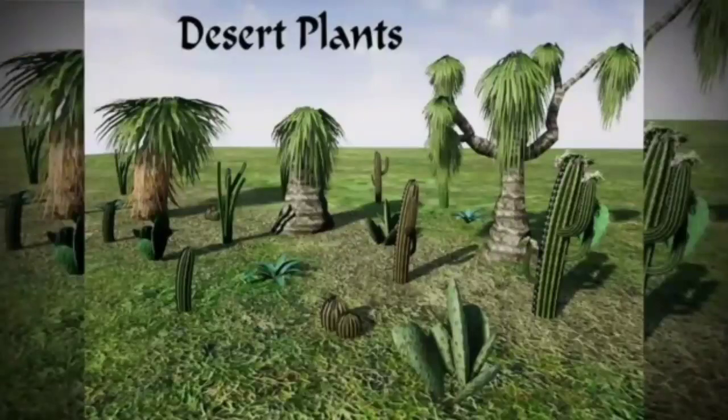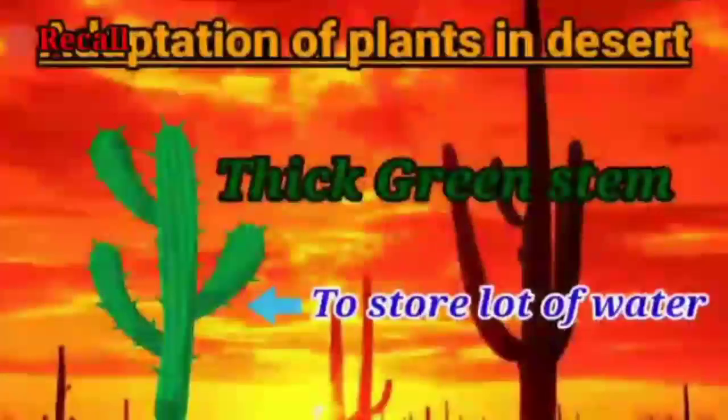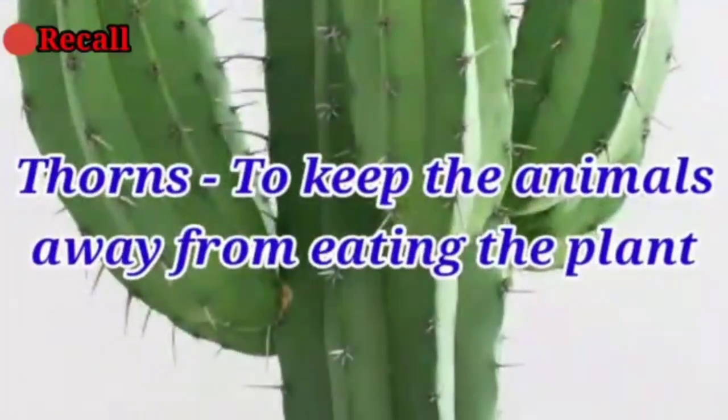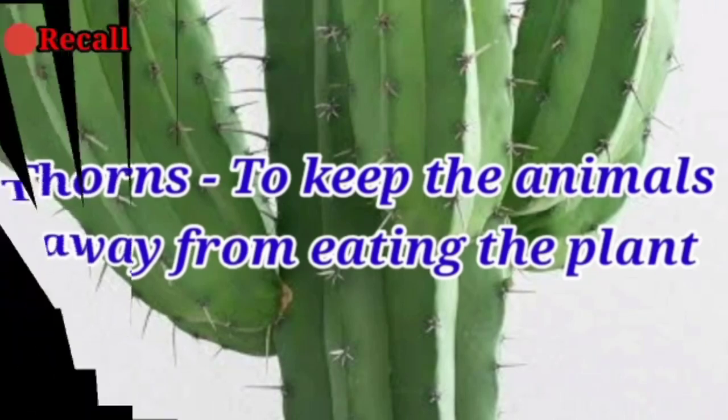The desert plants are adapted to the desert by having a thick and green stem to store water. Thorns help to prevent loss of water due to evaporation and also keep animals away from eating the plant.